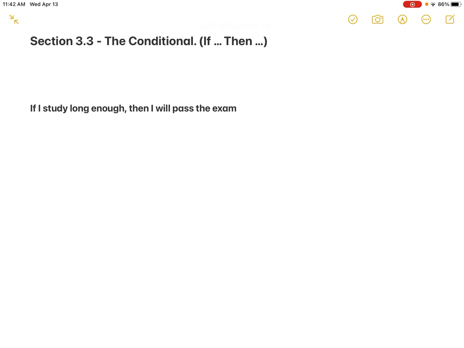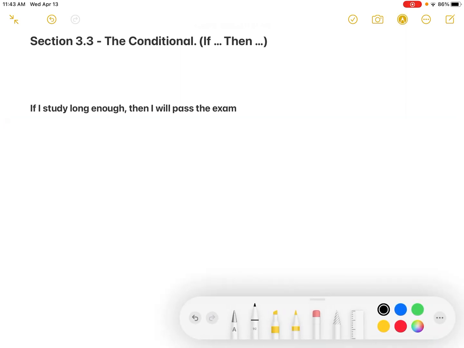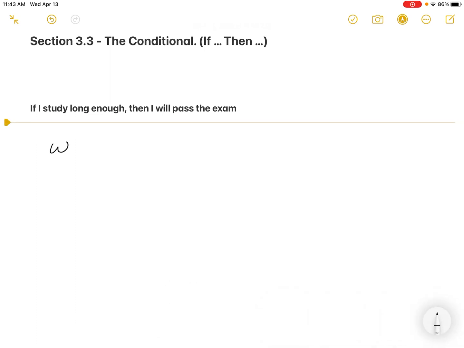Okay, and so we want to establish the truth table and find out, well, when is this thing true? So our big question is, when is this statement true? And we'll establish that through truth tables.